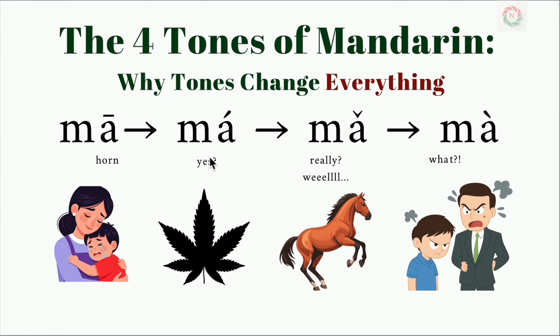It's like when somebody calls you and you say, yes? Yes? So ma, ma. And the third one is both falling and rising tone combined together. So it's a combination of the second and the fourth tone. It's like when you are in doubt or you are still thinking about something, like, really?